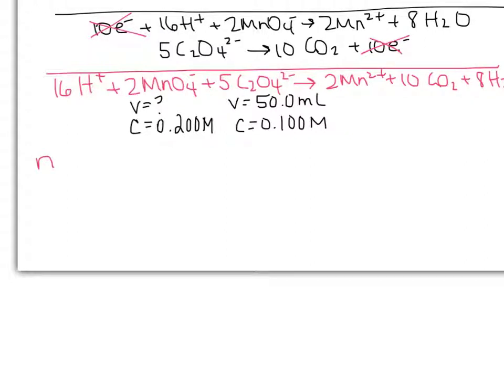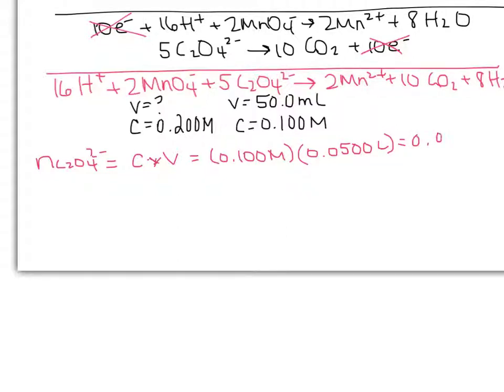And you should see that you can find the number of moles of C2O4 2 negative using C times V. Concentration is 0.1 molar. Volume is 50 milliliters, but of course we're not going to use milliliters. We need to use liters, 0.0500 liters. Make sure you keep those two zeros because they are significant, to give us 0.00500 moles.